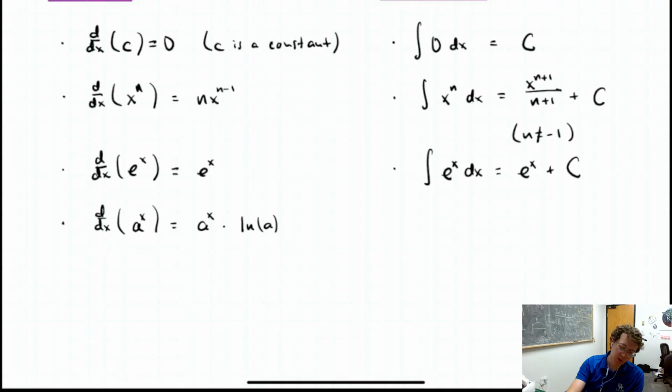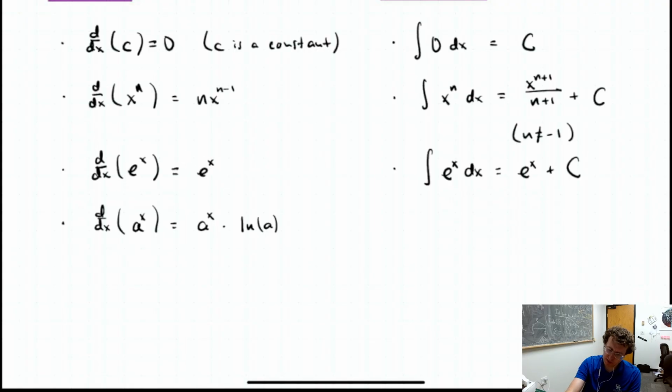Oh, I just wanted to emphasize that there's a huge difference between these things. This is a common mistake I see. This is a power function, the variable is in the base. This is an exponential function, the variable is in the exponent. These are completely different functions. You cannot use the power rule on an exponential function. You cannot use this derivative rule on a power function.